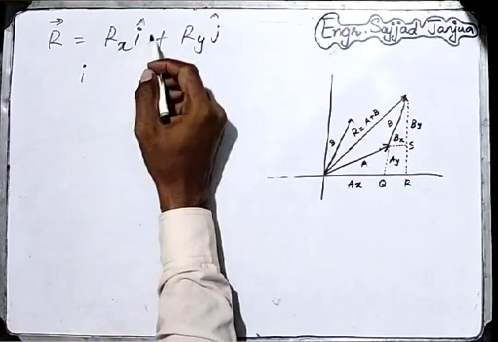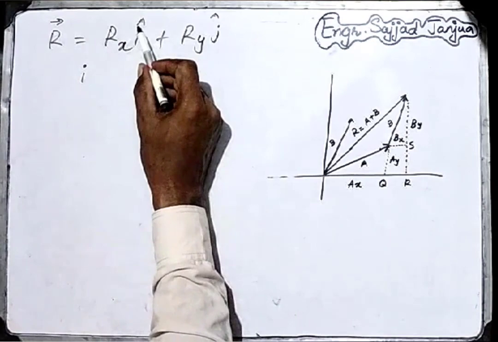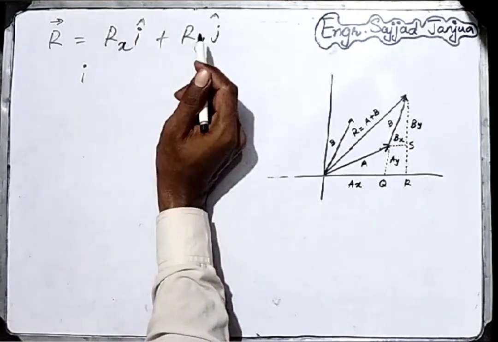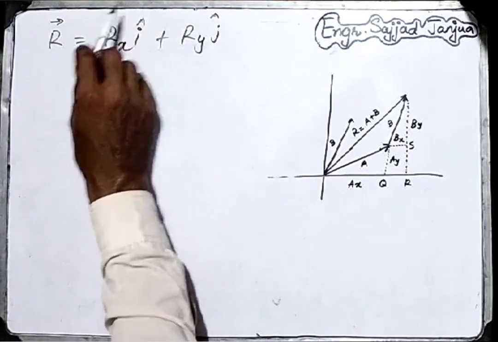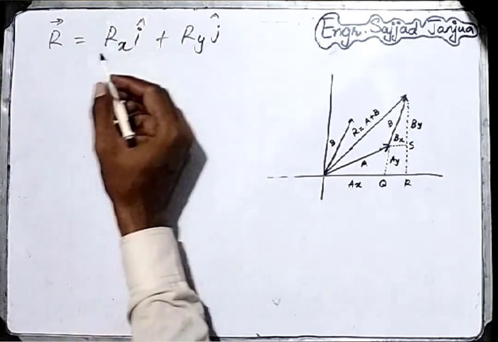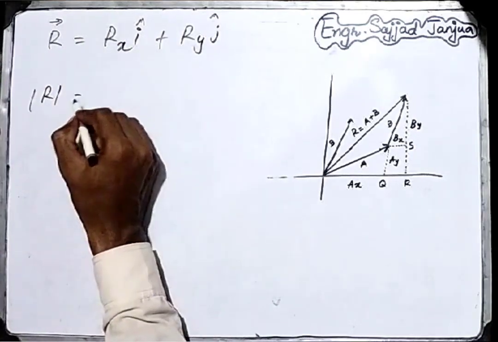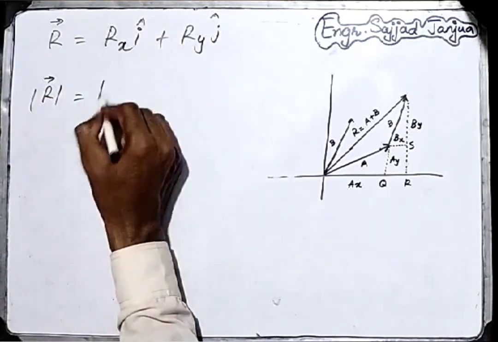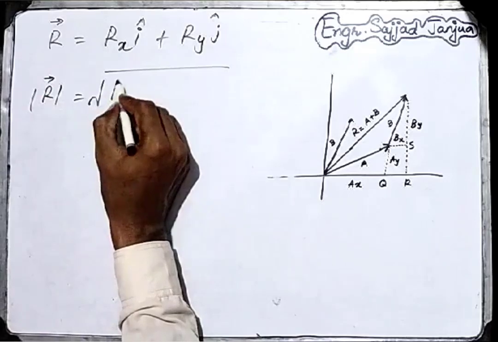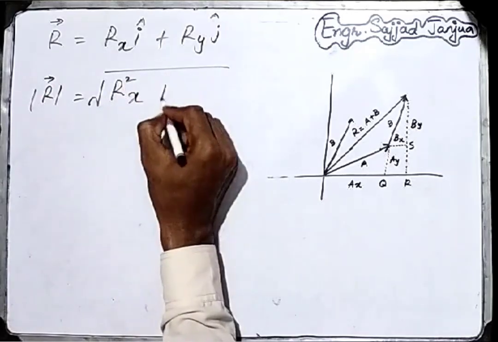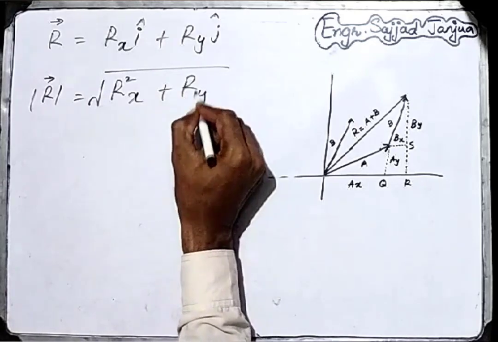So we will neglect these unit vectors, and we will put the values in the formula to find the magnitude. So to find the magnitude, we have the formula R is equal to the square root of Rx square plus Ry square.